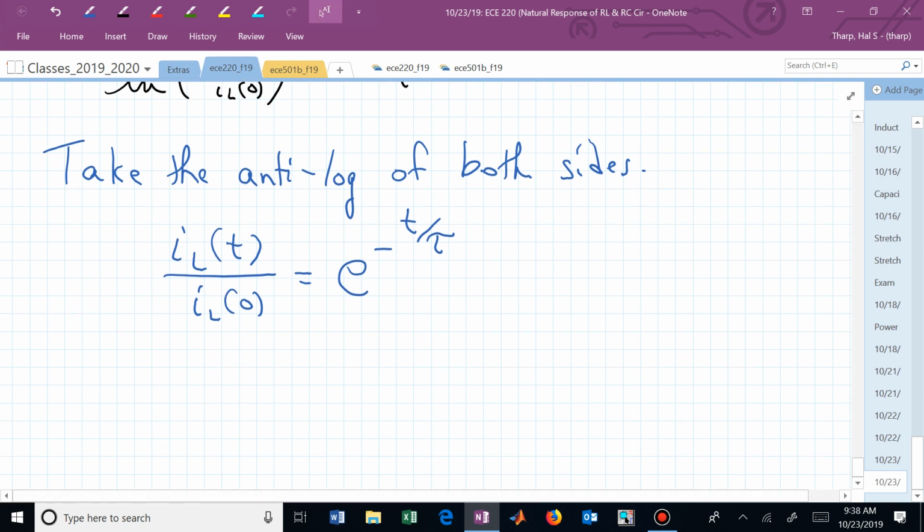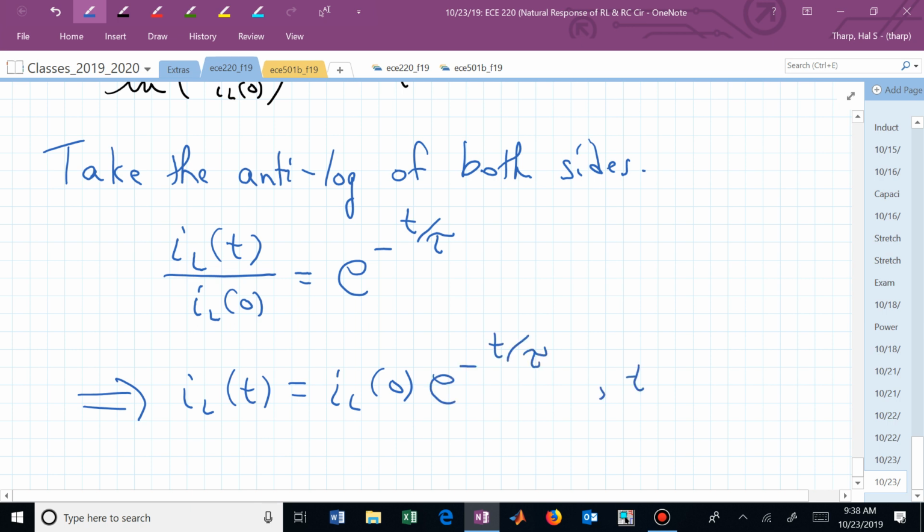And we can now multiply both sides through by I sub L of 0, and we have I sub L of t is equal to our initial current through that inductor, e to the minus t over tau, and that's true for t greater than or equal to 0 since we assumed t sub 0 was 0.